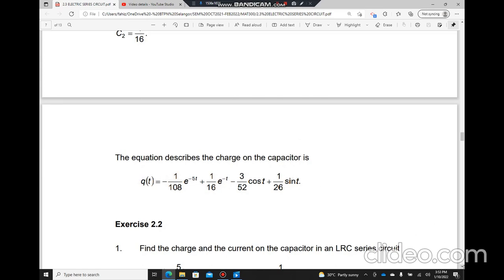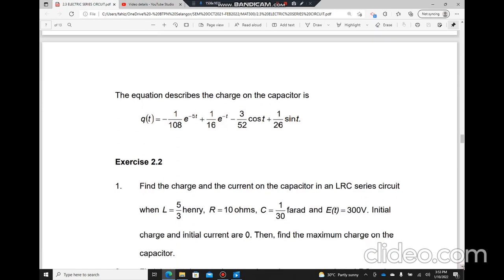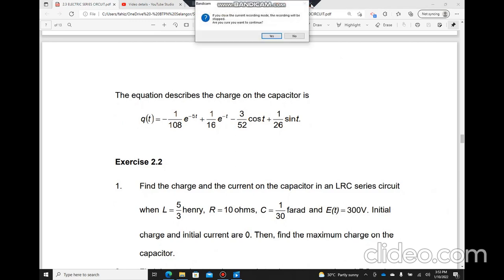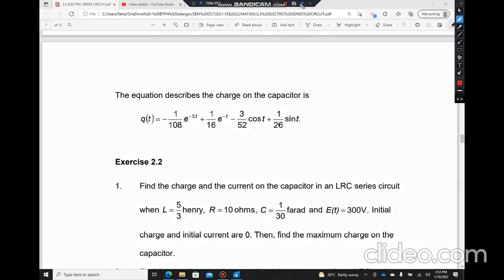Okay, so that's all for chapter 5. Maksudnya chapter 5 ni you just focus on chapter 5. Okay, dia cuma ada 2 problem. Spring and series circuit ataupun electric circuit. And then spring ni dia ada 3 kan.